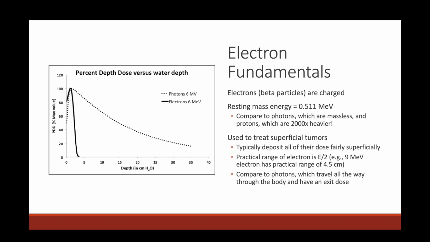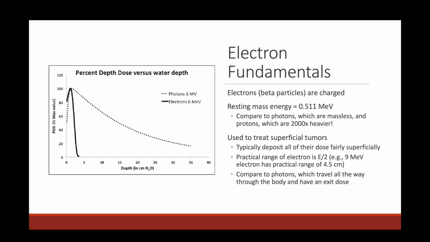In contrast, our photons are massless, and protons, on the other hand, are 2,000 times heavier than electrons. So electrons have a mass, but a very, very low mass. Because of that mass, that affects the physics of how these particles travel through the body. Photons are massless, and so they typically travel all the way through the body, and they have both an entry dose as well as an exit dose.